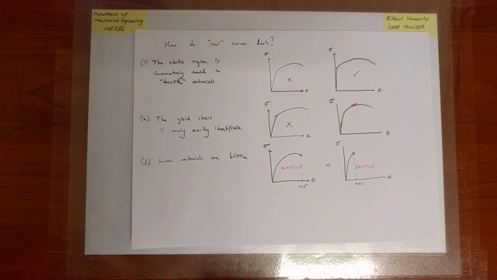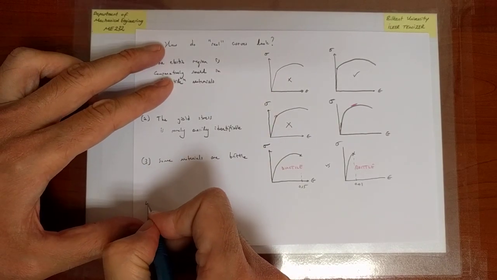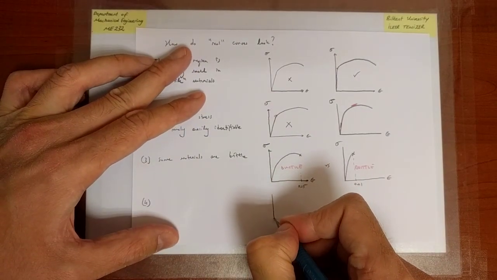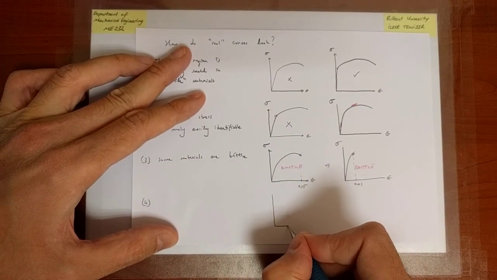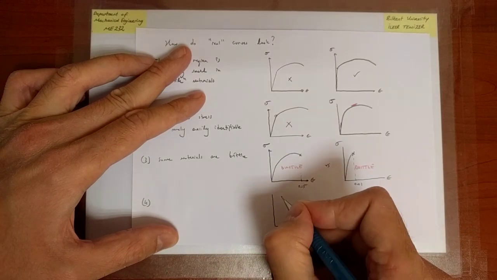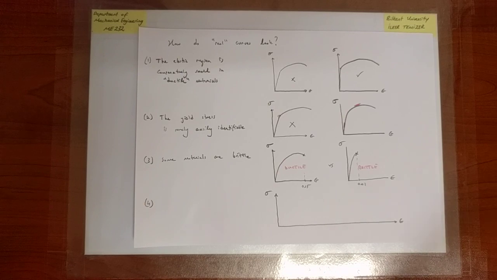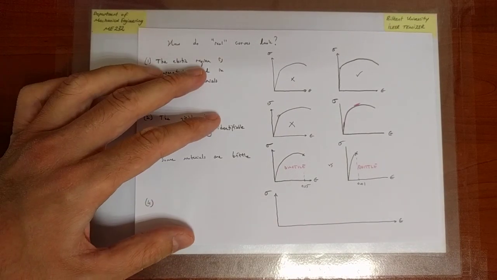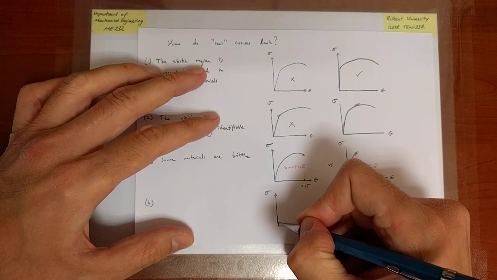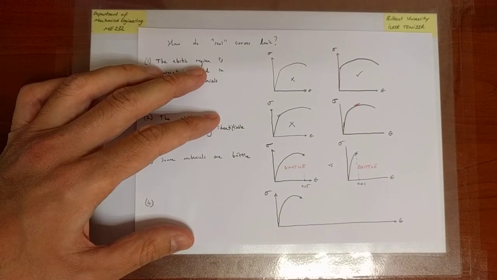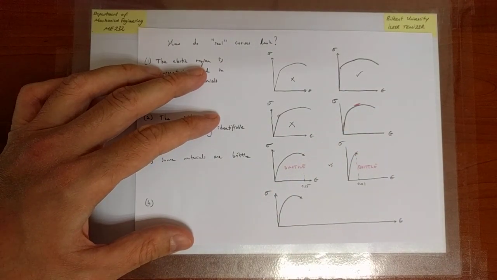All right, well, now the fourth point that we can make is regarding the influence of the choice of the material for our specimen. So we might be interested in a metal. Okay, that's our idealized stress strain curve.